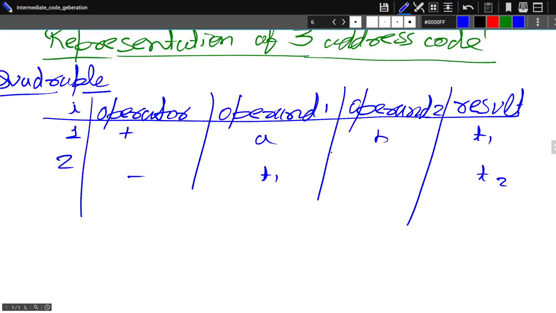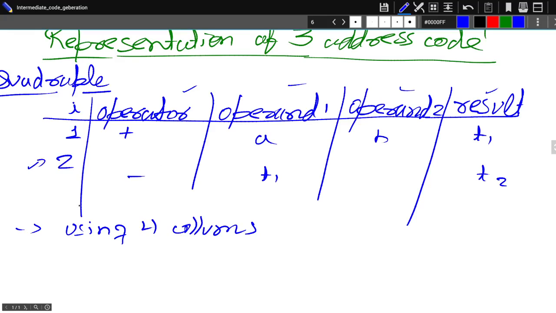So here you are maintaining 4 columns. Now you can keep these statements, like this one on number 2, anywhere.